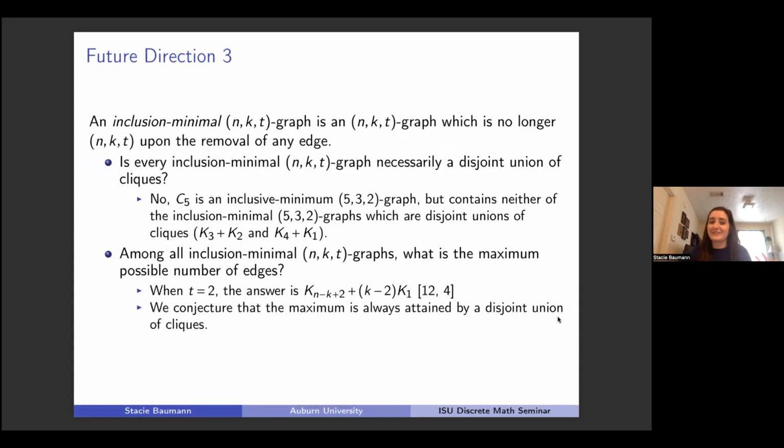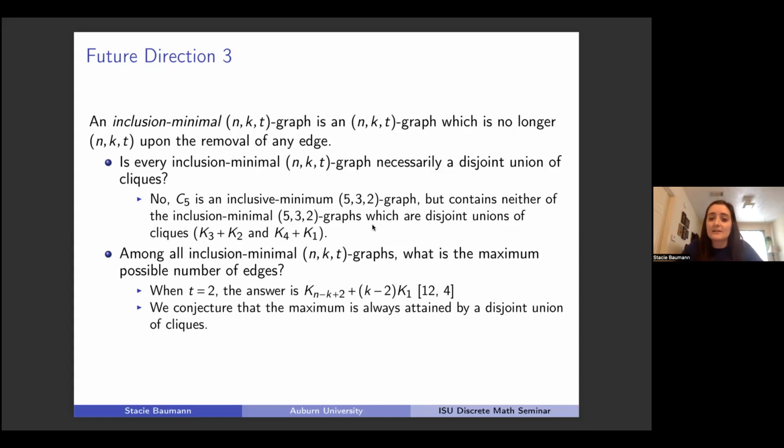Another future direction is looking at inclusive minimum NKT graphs. That is an NKT graph which, if you remove any edge, is no longer NKT. The first question you might ask is, is every inclusive minimum NKT graph necessarily a disjoint union of cliques?